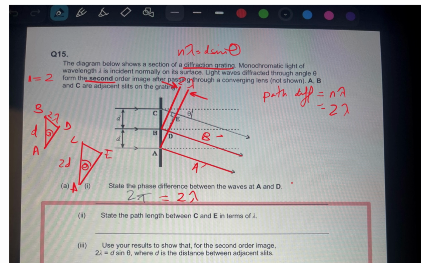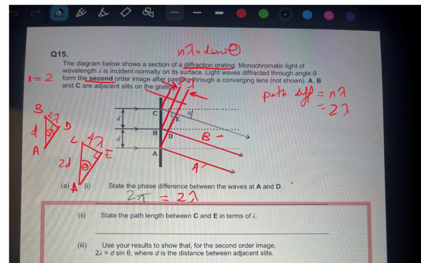Now think in terms of triangles. If you think of ABD like a 3-4-5 triangle, then if you double the hypotenuse, it's not 3-4-5 anymore. It's now 6, 8 and 10, isn't it? So if that's 2 lambda, that's going to be 4 lambda.